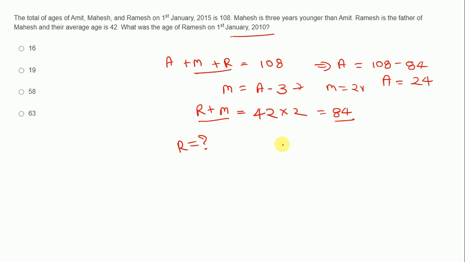And now R plus M is equal to 84 and the value of R will be 84 minus 21, which is equal to 63. And 63 is also available in the options, but this is not the correct answer because this is Ramesh's age in 2015 and in the question the age has been asked in 2010. So it will be equal to 63 minus 5, which is 58.